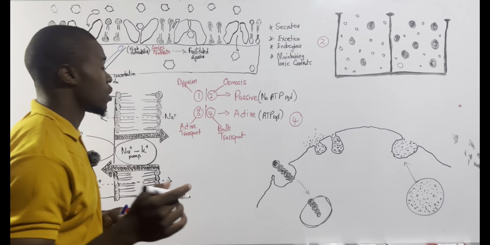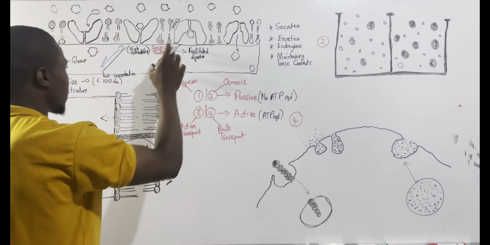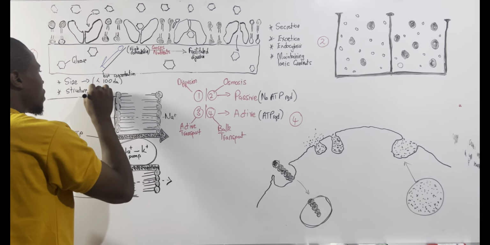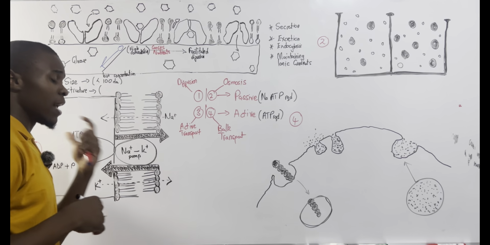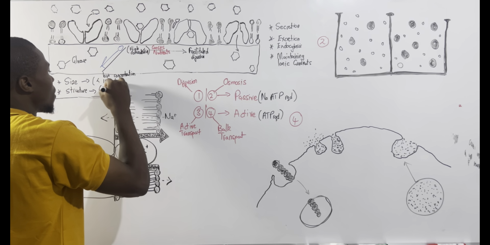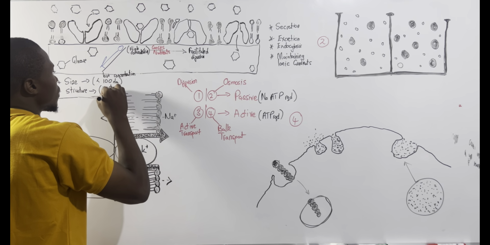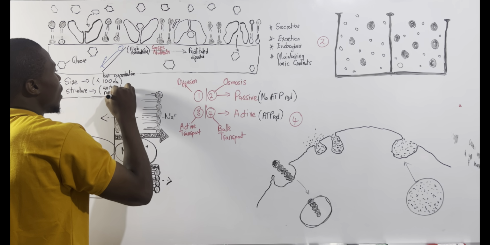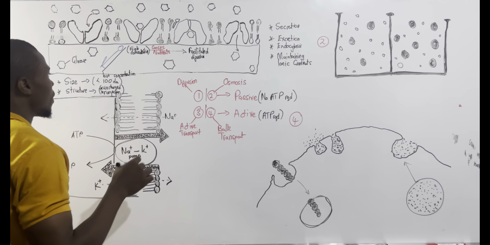Daltons is simply the unit of measurement used to measure molecular sizes. And then in terms of structure, using the principle that like dissolves like and unlike charges attract, only structures that are uncharged and also non-polar are allowed to pass through the cell membrane freely.